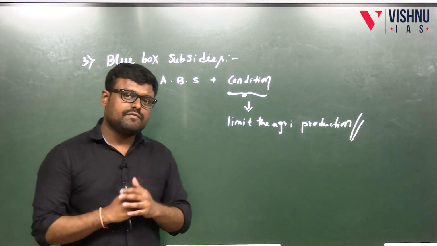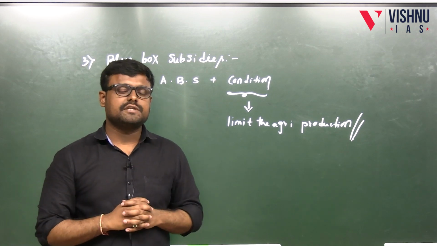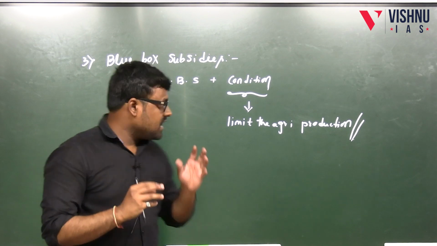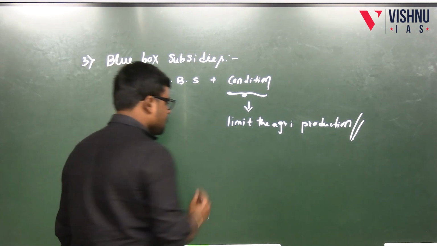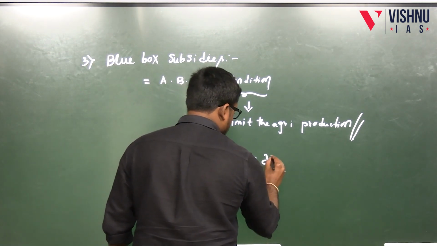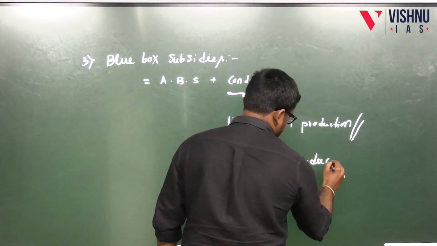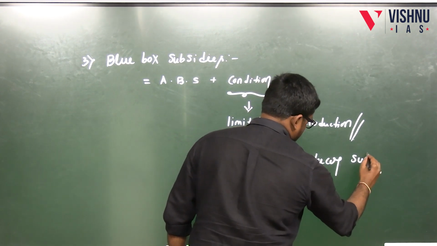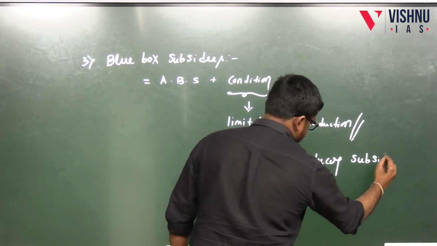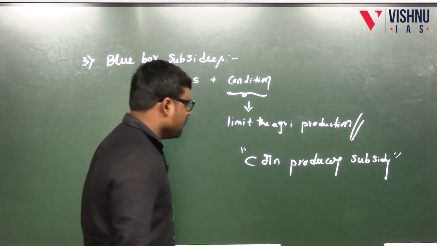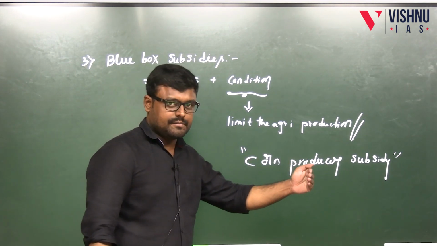So what is an example of this? In India, there is no Blue box subsidy. In China, there was a Blue box subsidy, and the name of that subsidy is the corn producer subsidy. So what is this corn producer subsidy, students? China provided this subsidy.